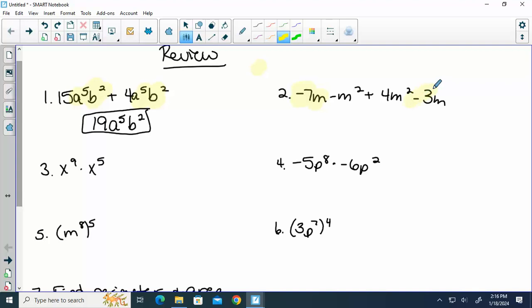So we can put those together. So -7 plus -3 is -10. The m doesn't change. -m squared plus 4m squared would be what? M squared. This is just like a -1 plus 4, so positive 3 m squared.